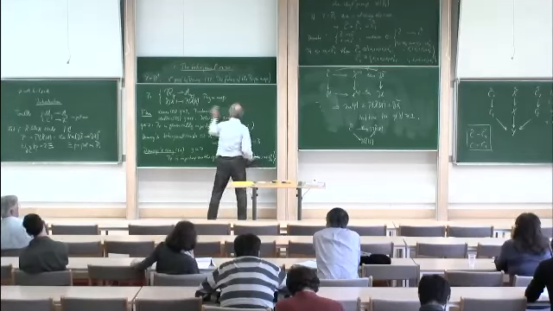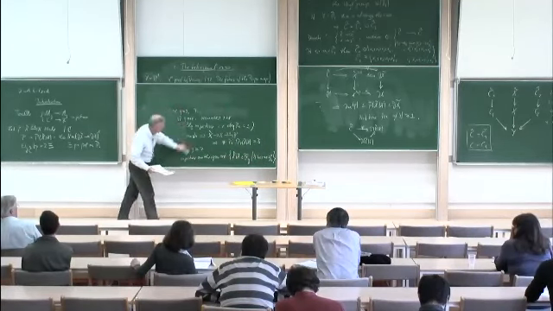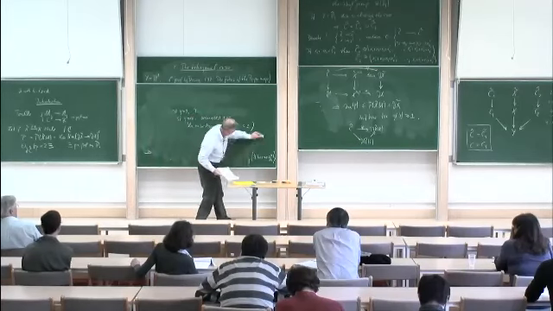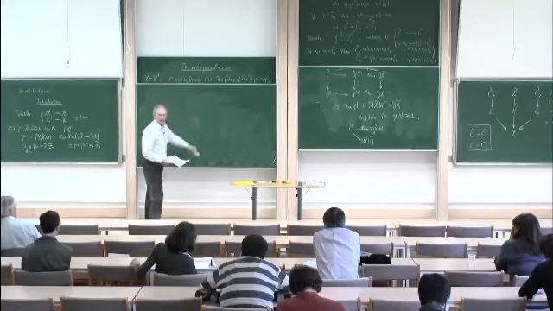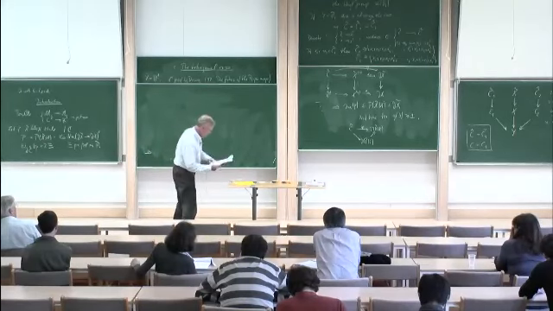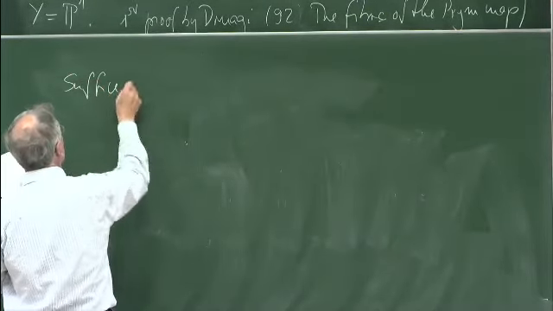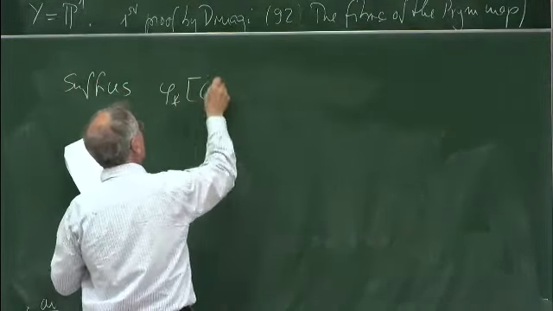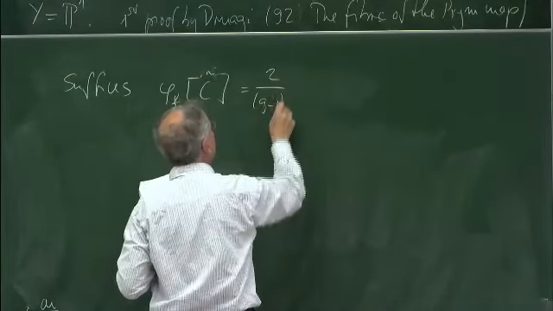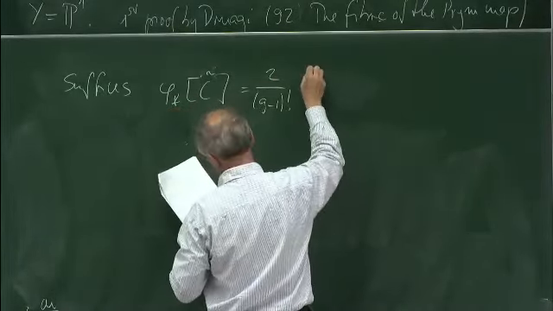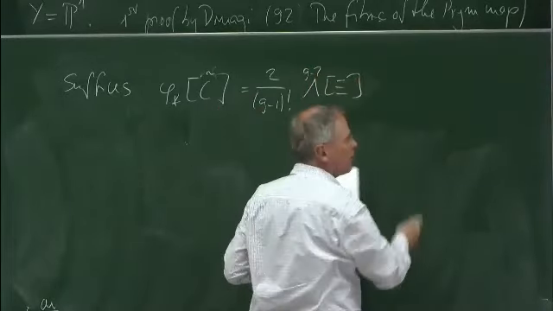It suffices to show, according to this Welters criterion, to compute the cohomology of the image of the curve. Right? So it suffices to show phi lower star of C tilde is equal to 2 times (g minus 1) factorial over (g minus 2) factorial of the class of psi in cohomology.